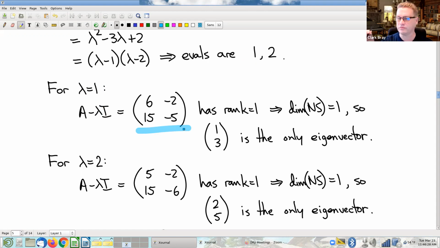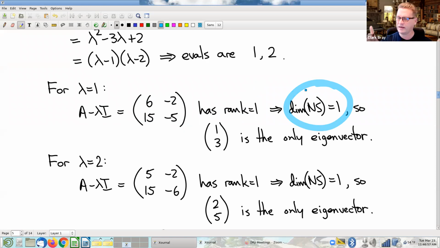You could row reduce if you like, but recall from the lecture, I think it's very nice in many cases, especially with these small 2x2, even 3x3 matrices, to make a rank argument. It's pretty easy to observe that these rows are multiples of each other. So the rank is obviously 1. And once you know the rank, you also know that the dimension of the null space is 2 minus 1.